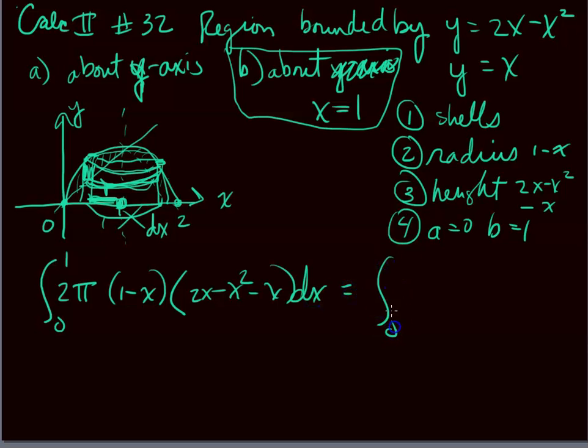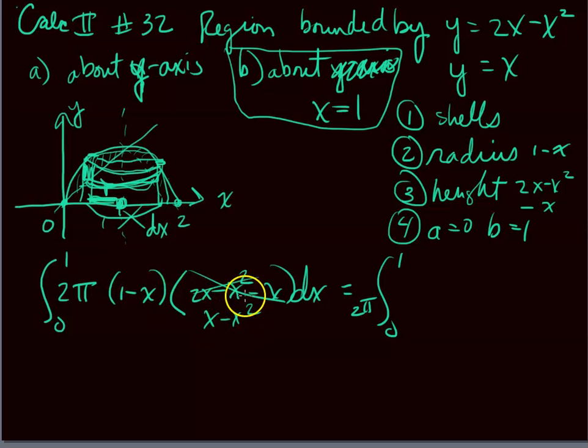So let's collect a little bit of this. 0 to 1, put the 2 pi outside. This really becomes 2x minus x is just x minus x squared. And when we multiply this out, we get x. We get x cubed. We get a negative x squared and a negative x squared.